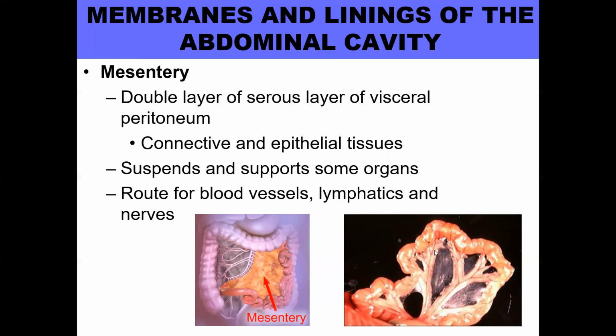We also have veins. Remember, the hepatic portal vein is the vein that drains all of the digestive organs. And then additionally, we will find routes for the lymphatics. We'll find lymphatic tissue in two parts of the digestive system.